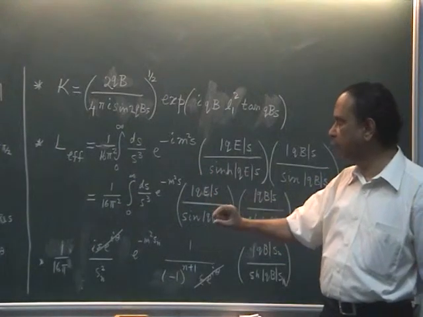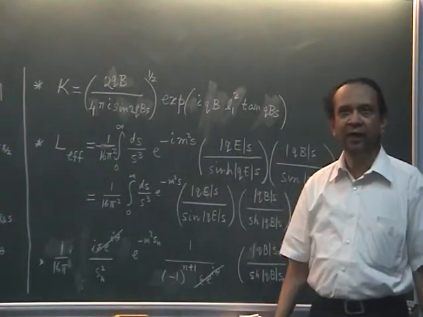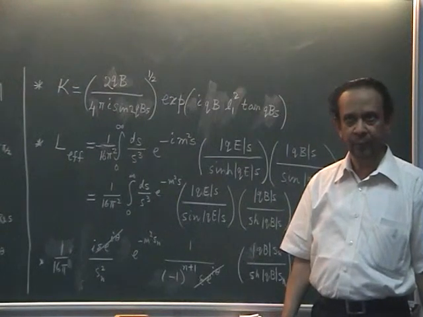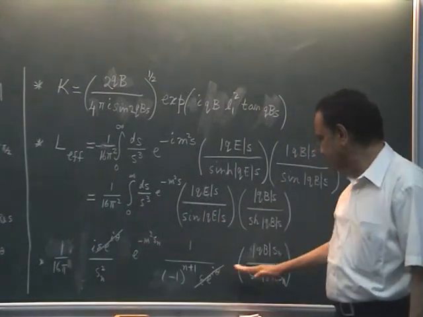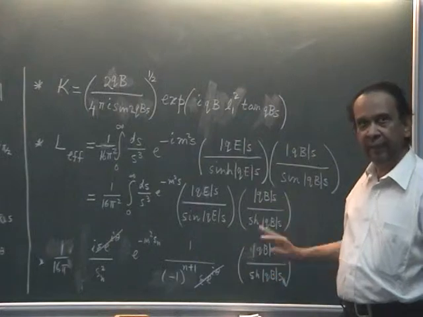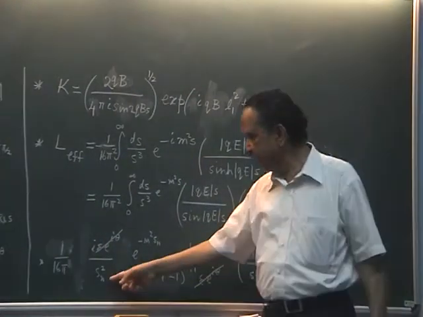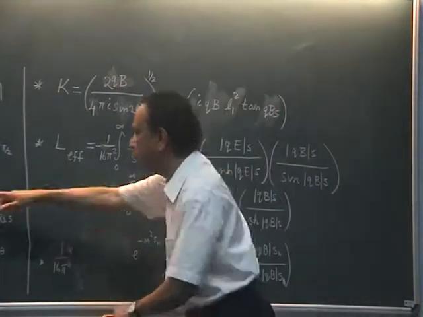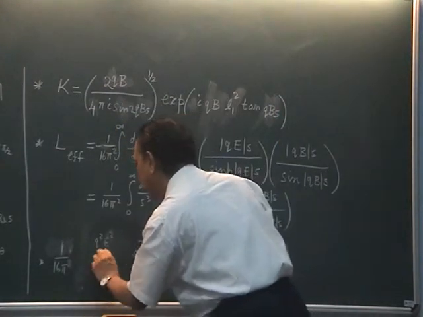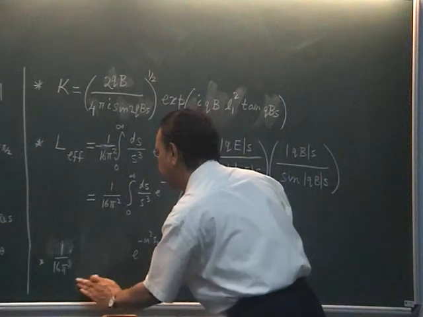So I can write down immediately the imaginary part of L effective from this. That is given by rest of the expressions evaluated at every pole. So I have to sum in the denominator.